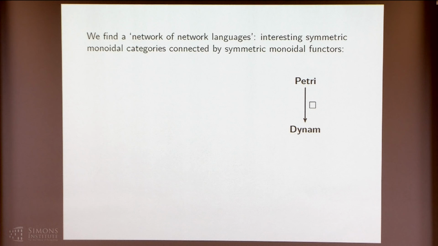So in fact, we get a lot of examples of network languages, that is, different kinds of symmetric monoidal categories, and then various symmetric monoidal functors between them. The one I talked about in this talk was just this box functor assigning the dynamics to any open Petri net. But you can go further.